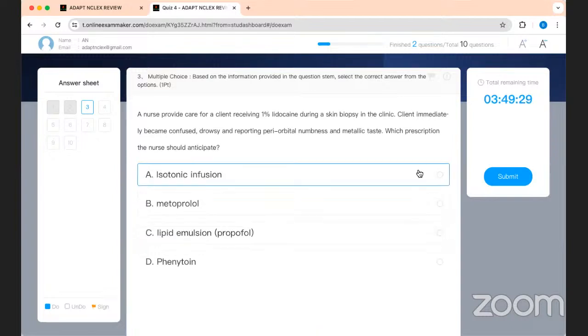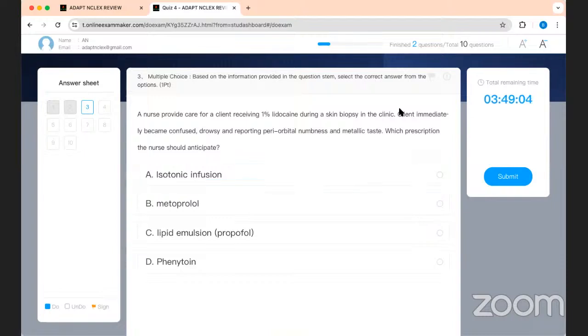So, a nurse provides care for a client receiving 1% lidocaine during a skin biopsy in a clinic, right? One. I started to read it from the beginning so that you can see what I'm trying to say. Client immediately became confused, drowsy, and reporting periorbital numbness and metallic taste. Which prescription should the nurse anticipate?